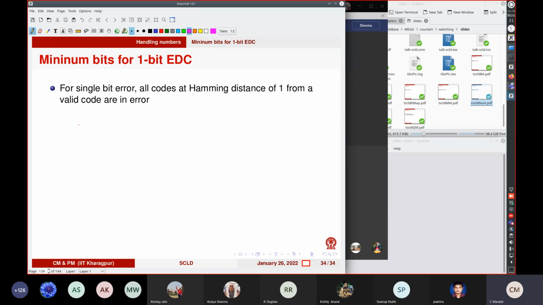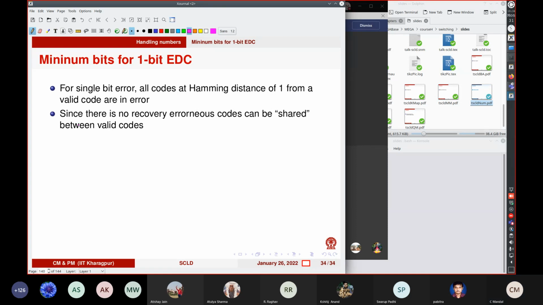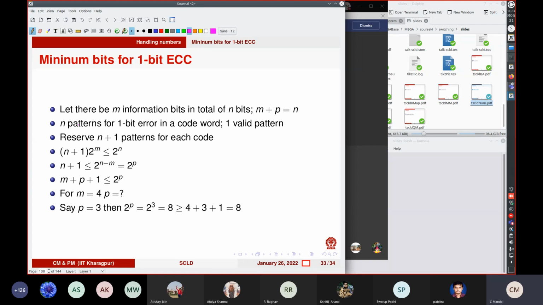So yeah, for single bit error, all codes at Hamming distance of 1 from a valid code are in error. So now what about error detection? We have seen that for error correction you need so many, right?